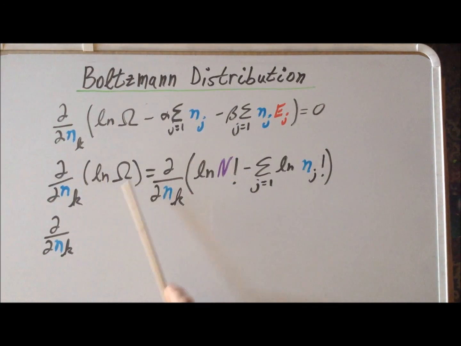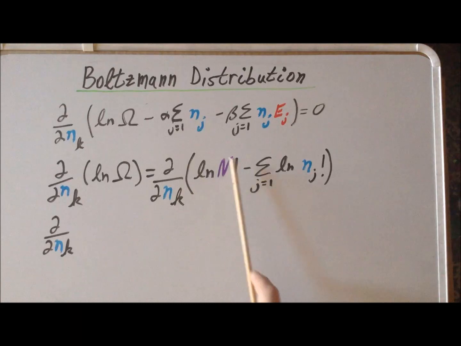Now that we've replaced the natural log of omega with this particular expression, which is true for the canonical ensemble, we're going to do a trick, and we're going to use the same trick twice. The trick is the Stirling's approximation that we had seen already. First we're going to use Stirling's approximation for the natural log of big N factorial, and then use it for the summation here of the natural log of the little n sub j's factorials.